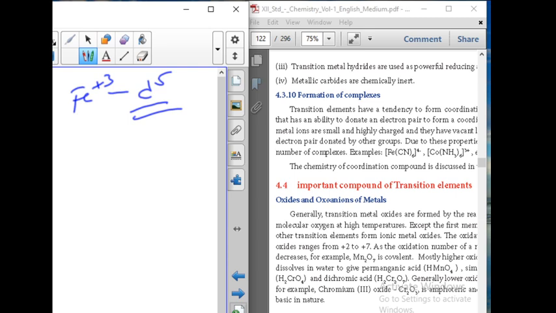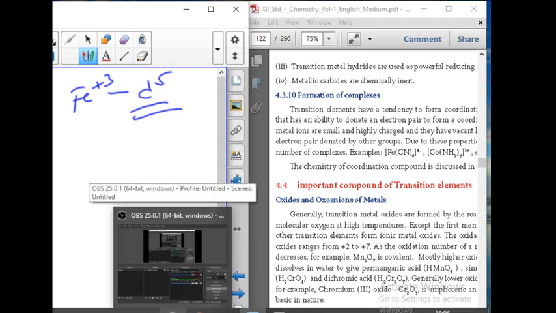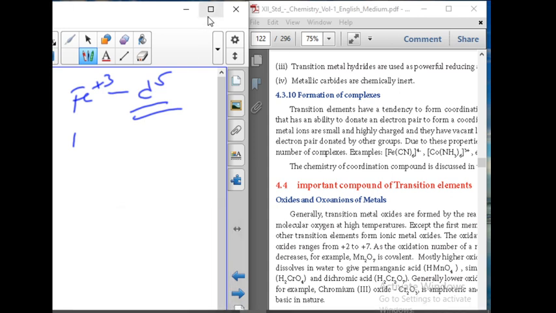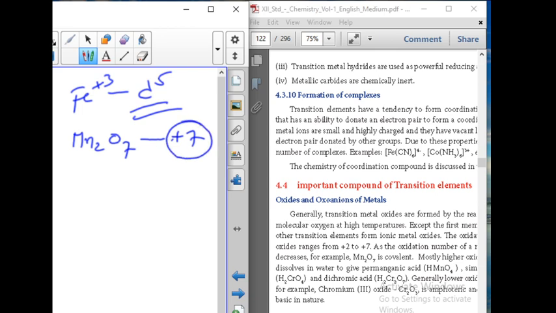For example, in our book, manganese can show Mn2O7. In Mn2O7, manganese oxidation state is +7. So, +7 is the highest oxidation state of manganese. So, this we can say is covalent.